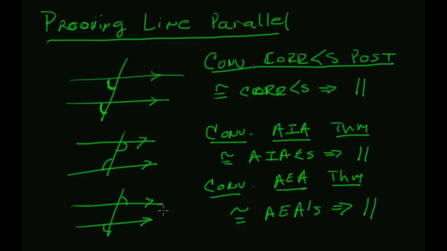Okay, there's a couple more things that we need from this set, and we'll keep going here. The oddball in the set is that if I have two parallel lines, the same side interior angles are not congruent, they are supplementary, they add up to 180.